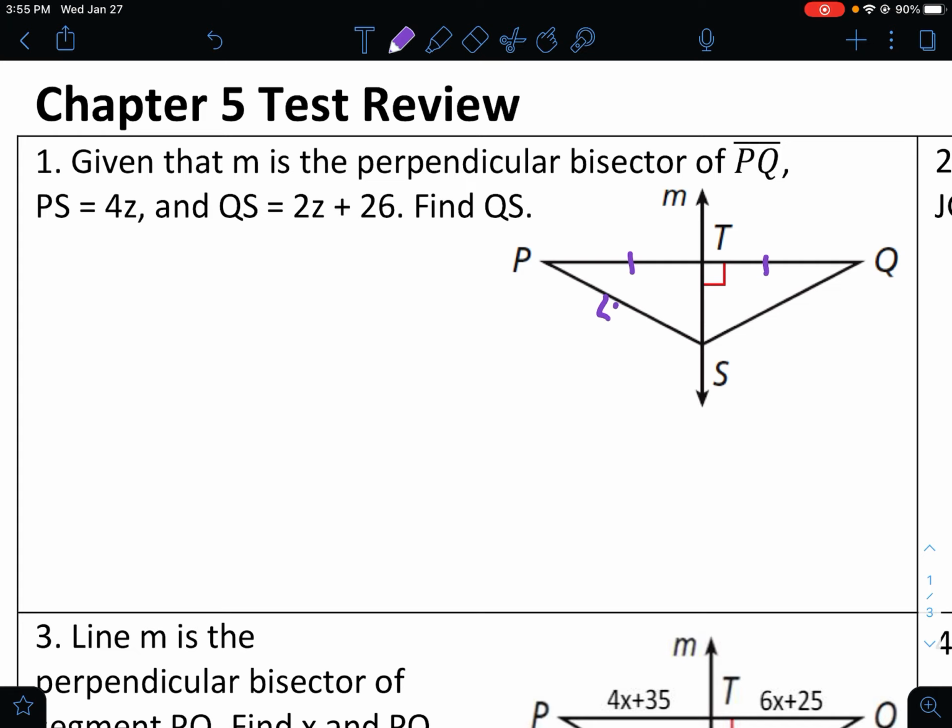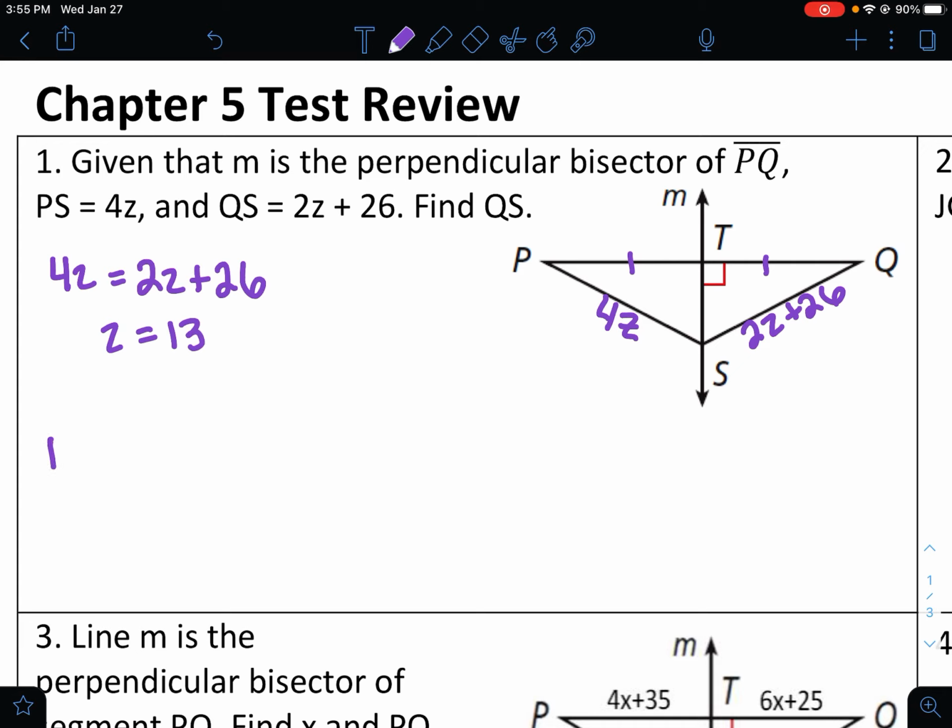PS is 4Z, and then QS is 2Z plus 26. All right, and so we see that those two are congruent to each other, so that's going to be 4Z equals 2Z plus 26, and we're going to solve for Z, and we get 13, and then we're going to plug those back in.